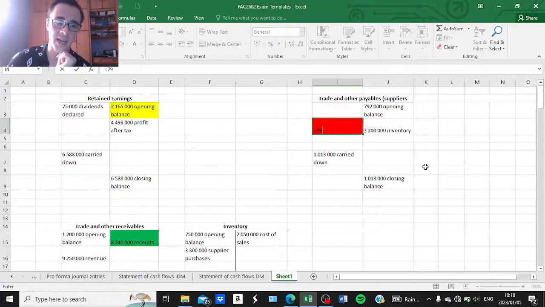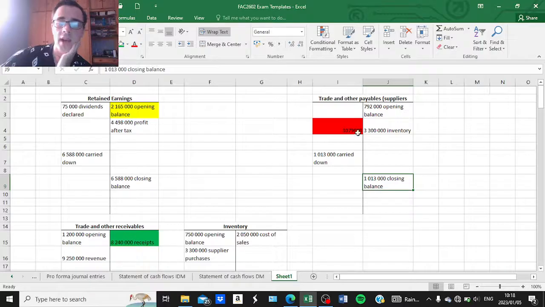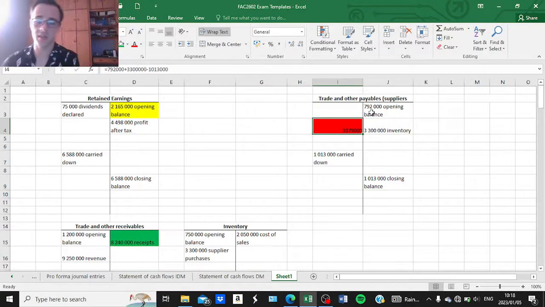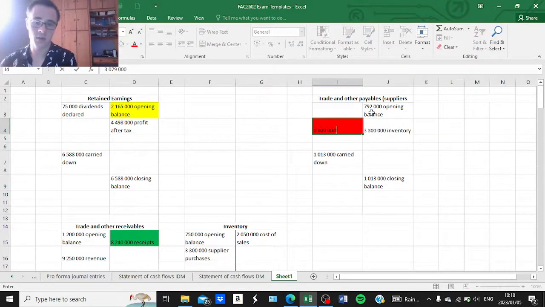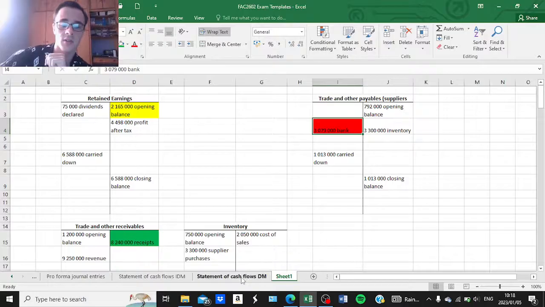Right, so we will do that by taking the opening balance of 792. We add the inventory purchases of 3.3 million, and finally we subtract the balance carried down, and that should give us 3,079,000, which is the cash flow that occurred in terms of our supplier accounts.